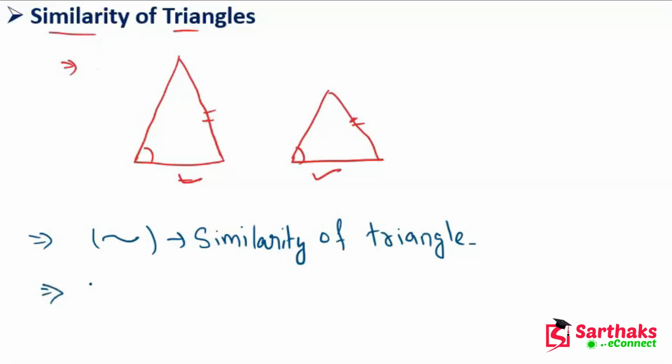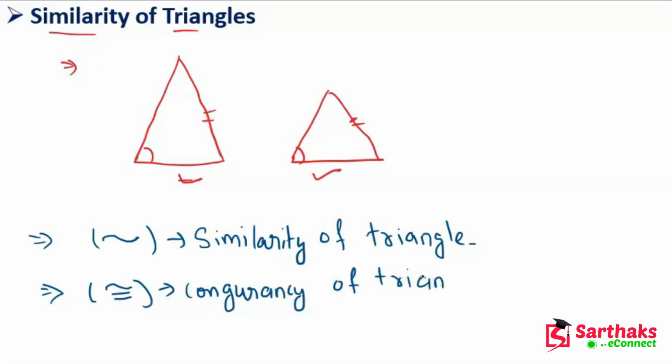If I make this type of sign, this is the sign of congruency of triangles. In the previous class you already learned about congruency. Now in this chapter, we learn only about similarity. So now let's move on.